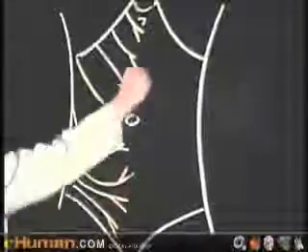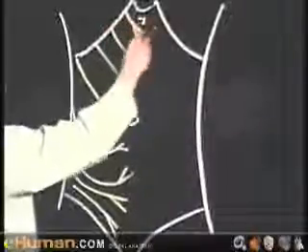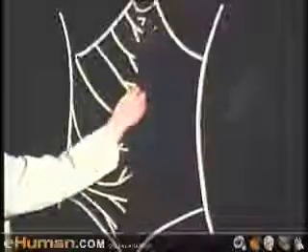Now I'll give you some idea what I mean. We can indicate here the region where pain from the stomach is referred, the epigastric region. And this region here, in the region of the umbilicus, we have the small intestine.